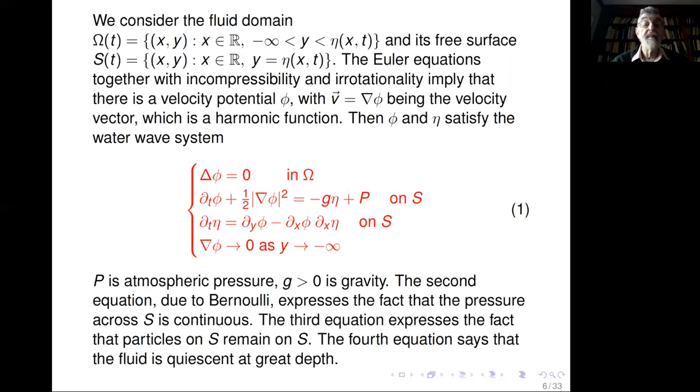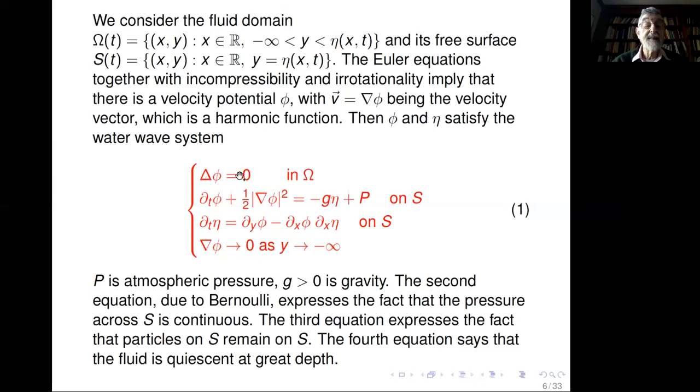I'm not writing down the original Euler equations now, but it's the Bernoulli equations, which come from the fact that the pressure in the fluid on the surface is equal to the atmospheric pressure. That's the atmospheric pressure, which is a constant. And G is gravity. Gravity is quite important in this case. It's the only real force acting on the water.